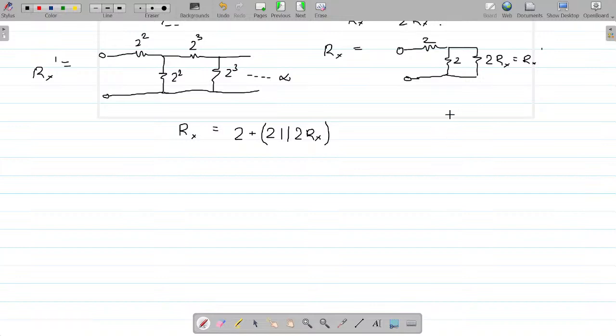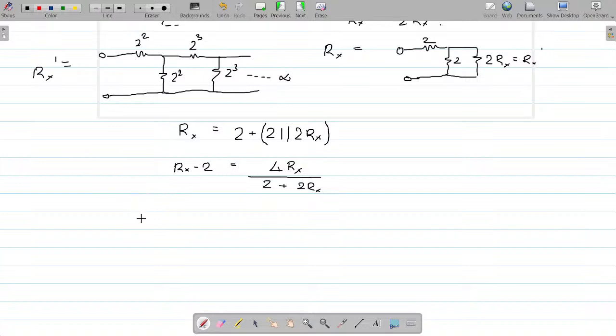That is what I have written here, right? Or can I say Rx minus 2 is equal to 4 Rx upon 2 plus 2 Rx. That is the equivalent resistance of 2 parallel resistances. That is how we calculate, right?